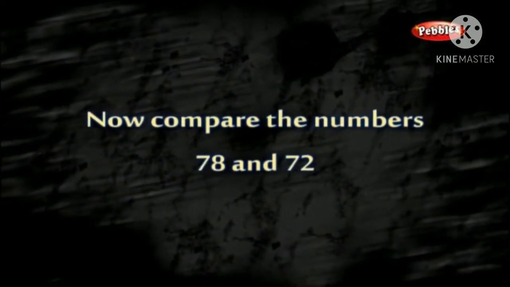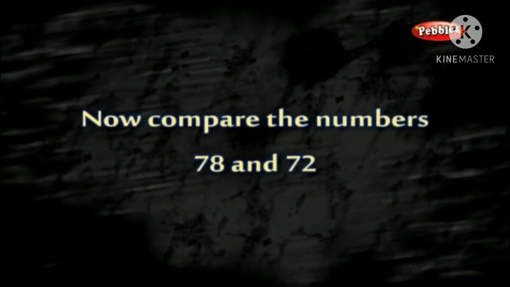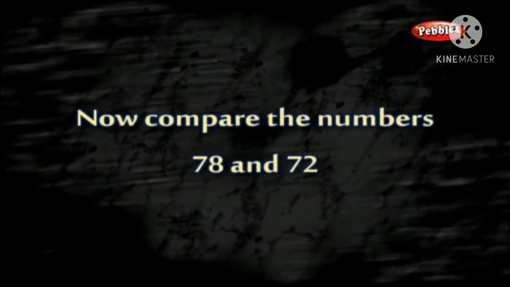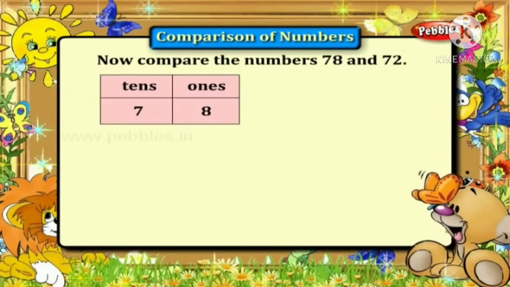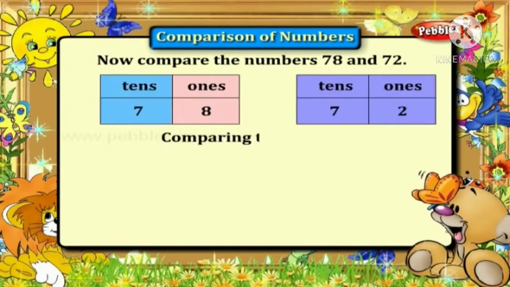Now compare the numbers 78 and 72. In 78, 7 is in the tens place, and in 72, 7 is in the tens place. When you compare the tens place, you get 7 equal to 7.